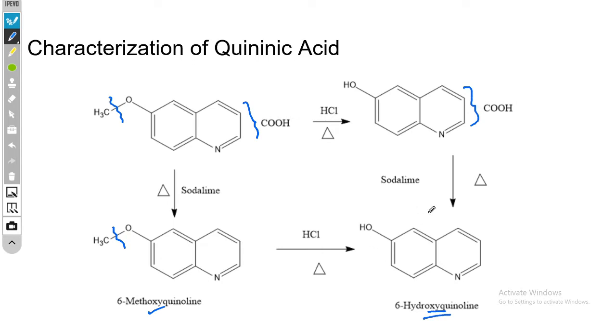So from these two experiments, it is shown that this molecule has a quinoline nucleus and a COOH group. So we should have an idea about the position of this COOH.